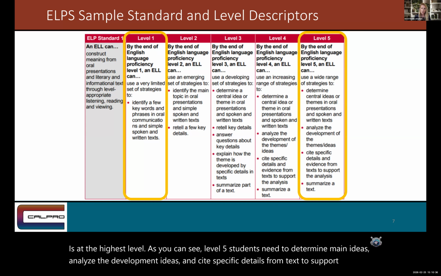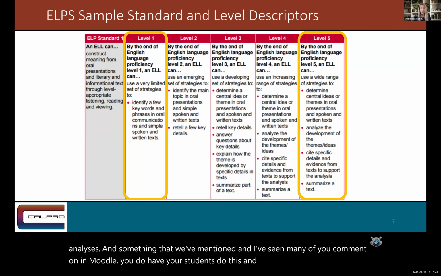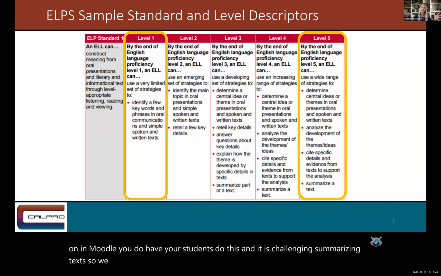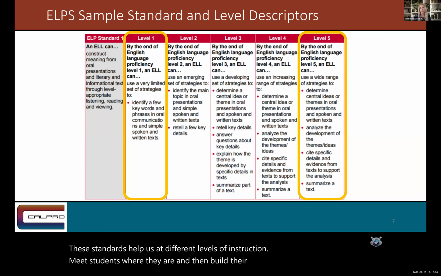And something that we've mentioned, and I've seen many of you comment on in Moodle, you do have your students do this, and it is challenging: summarizing text. So we can see these standards help us, at different levels of instruction, meet students where they are and then build their skills over time as they progress through our programs.